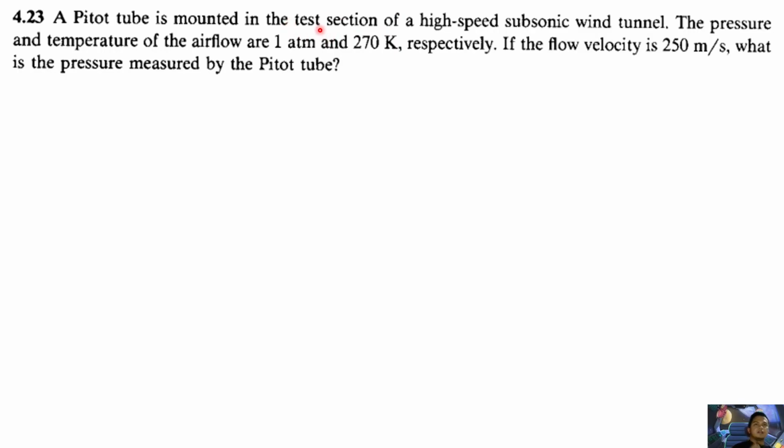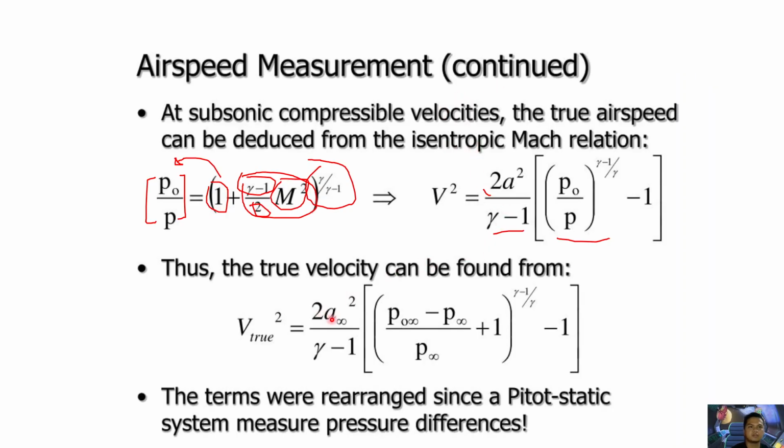So, the 1 atm and 270 Kelvin are the properties of the air in the test section. You have a flow velocity, which is definitely at the test section also. So, from the equation, if we are looking for the total pressure, you can use this one.